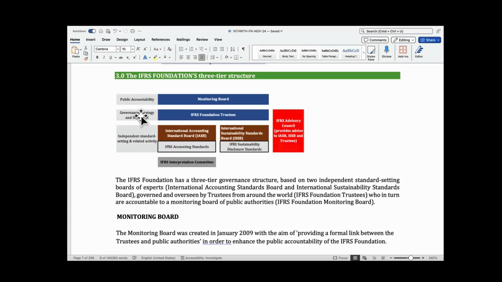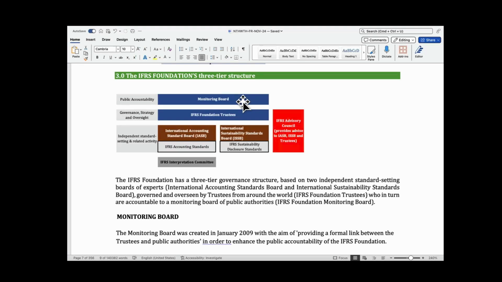I call this diagram that will be explaining the IFRS Foundation three-tier structure. And why I called it three-tier structure is because there are three categories of levels in that body in charge of IFRS, right?